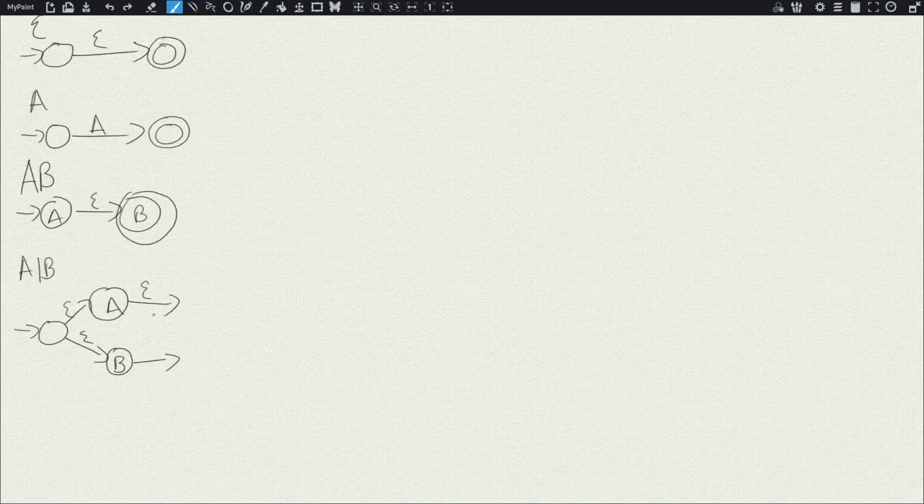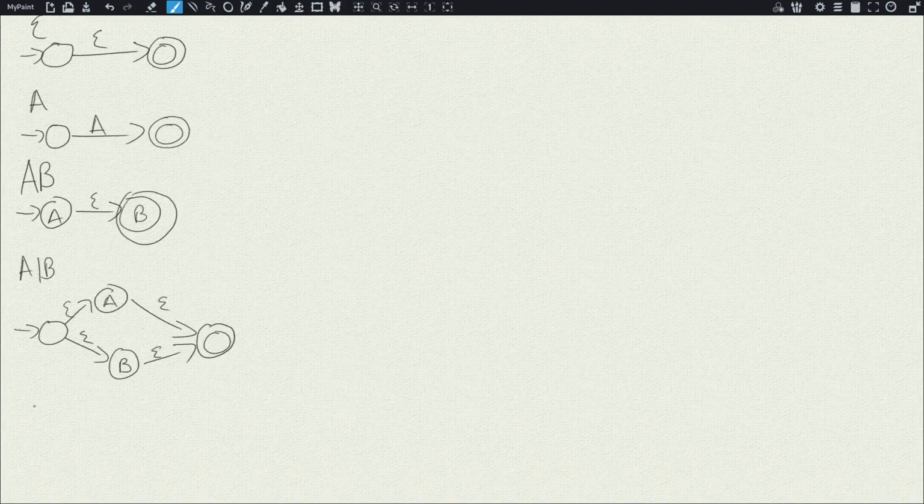I'm actually going to go back. There we go. So the pattern for A would be this, the pattern for B would be this, and then the OR here has to have this kind of shape. And then this is our finishing state.